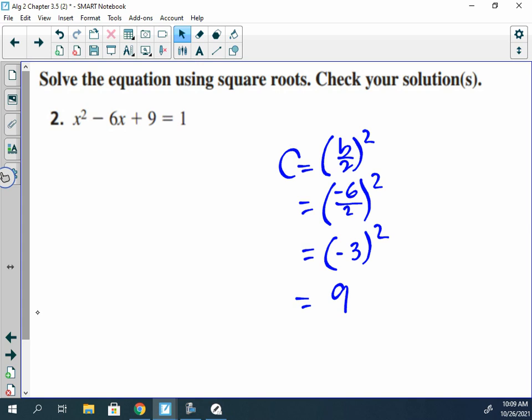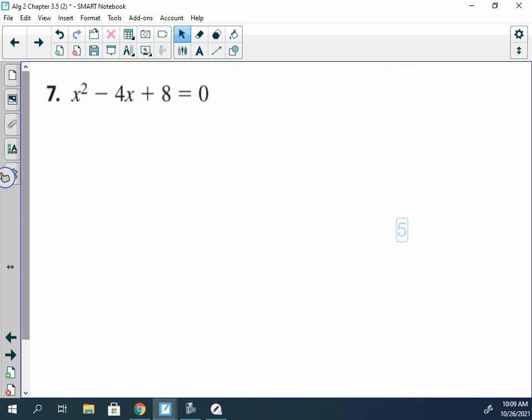I want to look at some that are 100% completing the square, where we're not just rewriting the first step over and ending up back at the same problem we started with. Here, 8 is not going to be the c value we need for this to be a perfect square trinomial. It's just not. Now, is a 1?